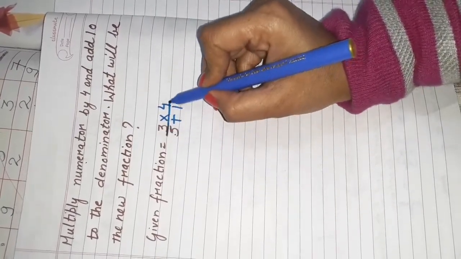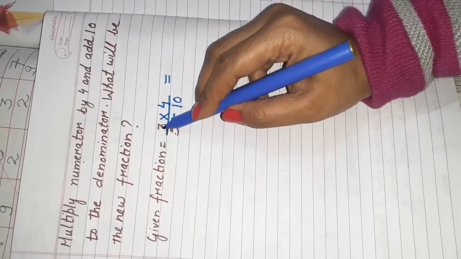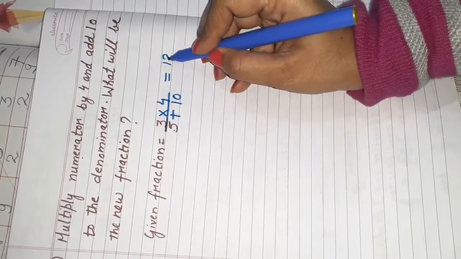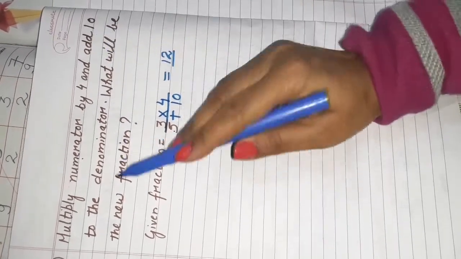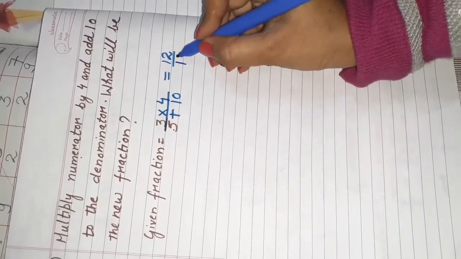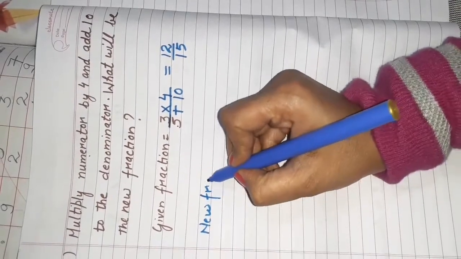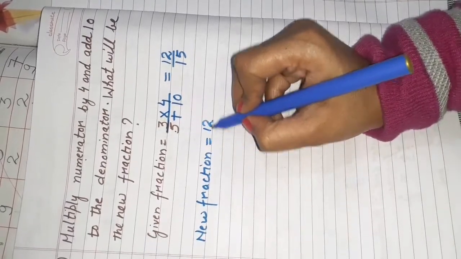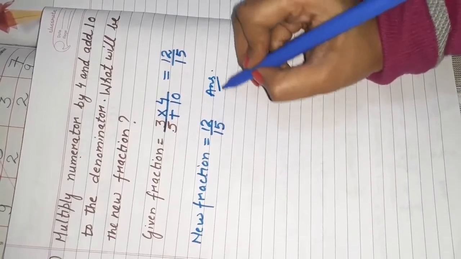So now what will be the fraction here? 3 fours are 12 in the numerator, and in the denominator we have added 10. So 5 plus 10 is your 15. So your new fraction will be 12/15. Okay, so here is your answer.